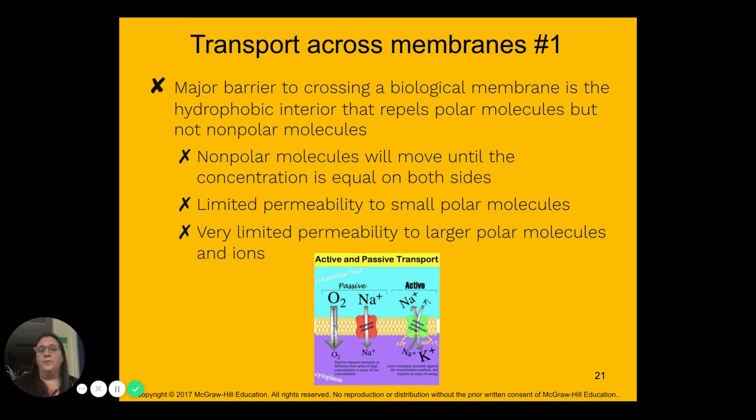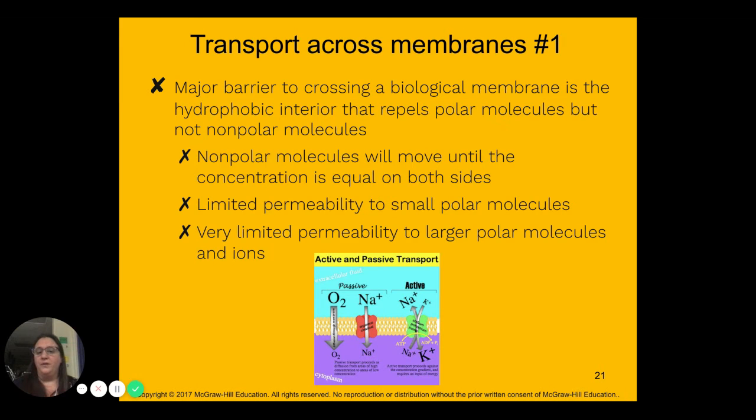So when we have transport across membranes, there are some major barriers to crossing a biological membrane. One of those major barriers is the hydrophobic interior. We've got that nonpolar region, and that nonpolar region is going to repel polar molecules, but not the nonpolar ones. Like goes with like.